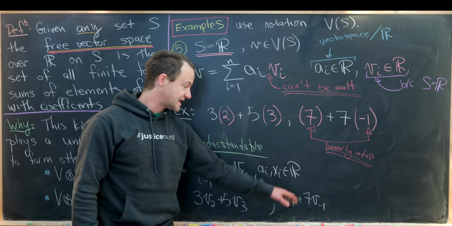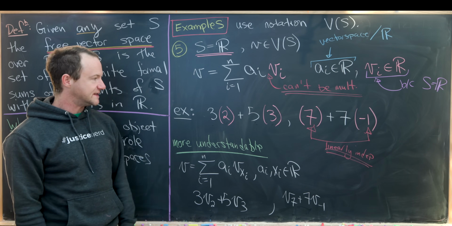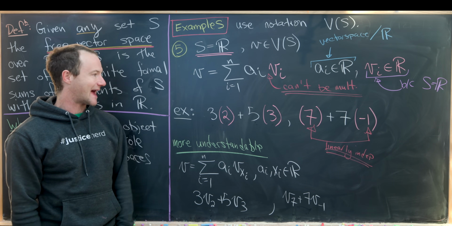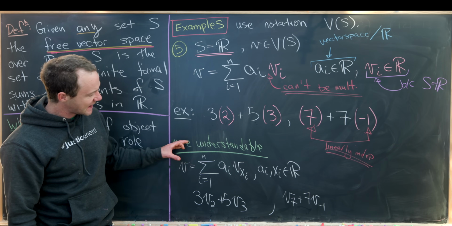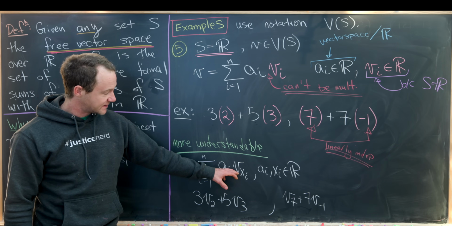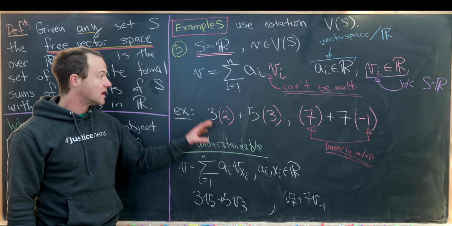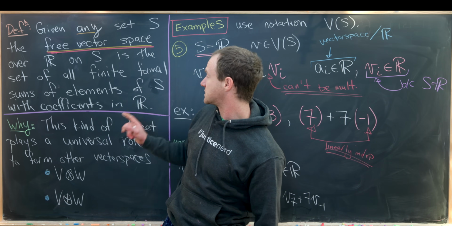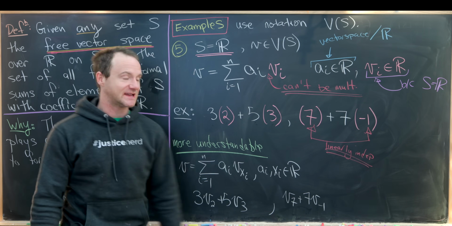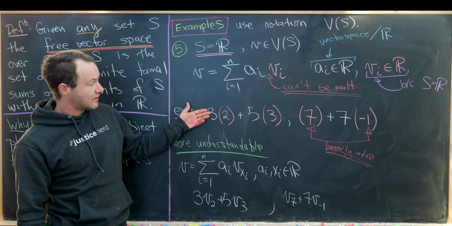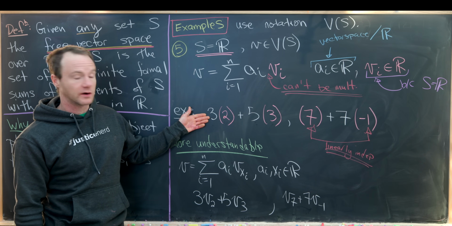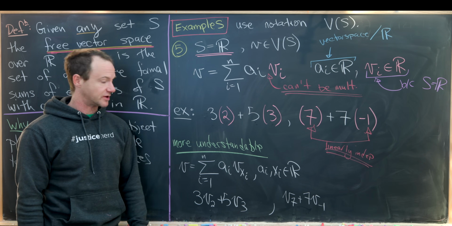And again, v_7 and v_{-1} have no reason to be related to each other, so there's no way that we would really want to add those. So again, you can write it like this. It's a little bit less confusing, but what's really happening is that we're taking this finite formal sum over elements from our set S. So even though this is problematic in terms of notation, this is maybe more at the heart of what's going on with this construction.